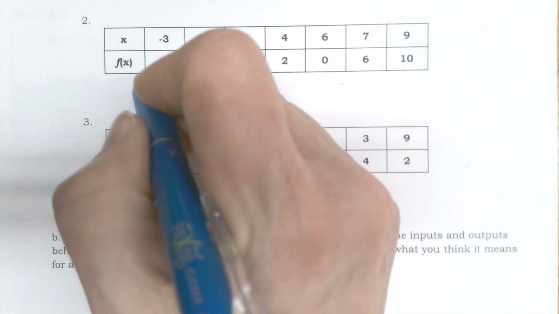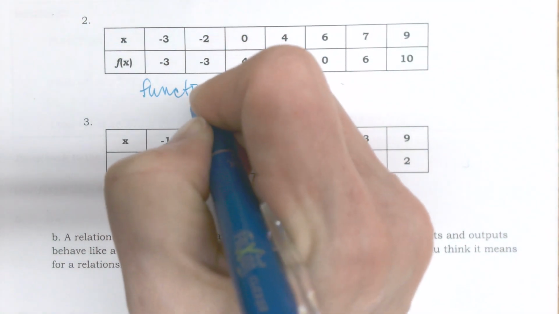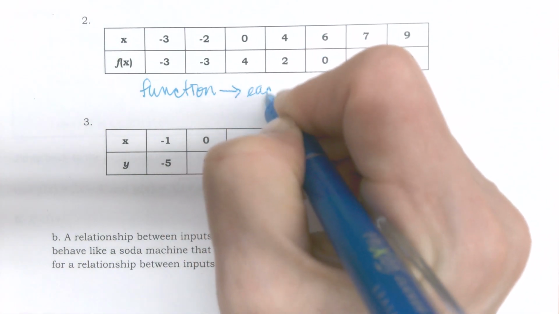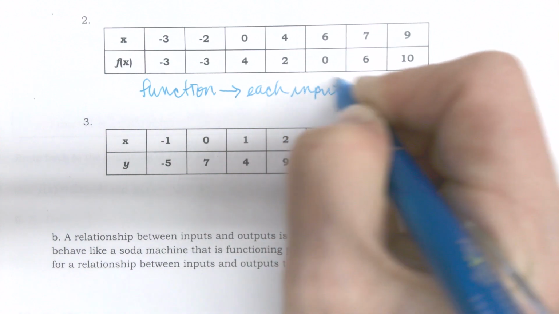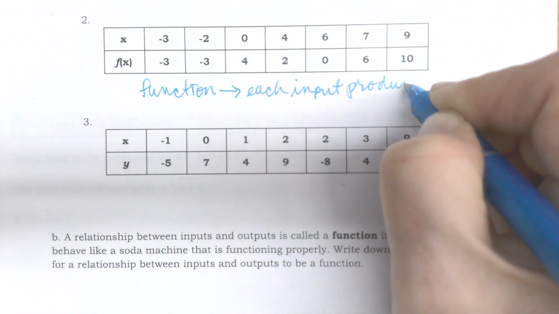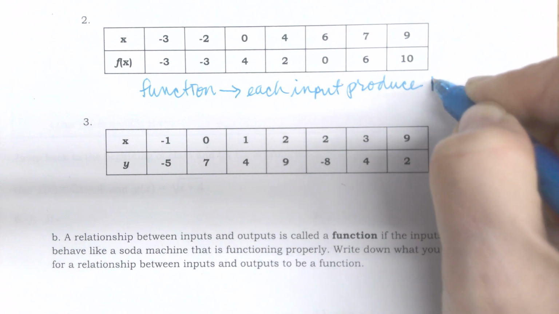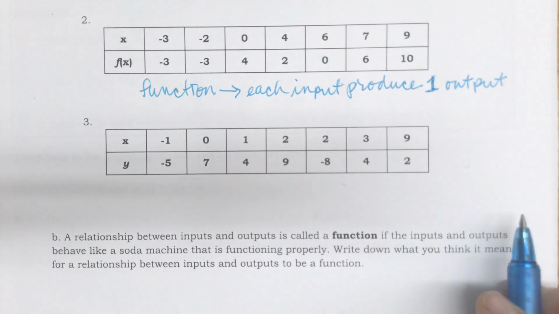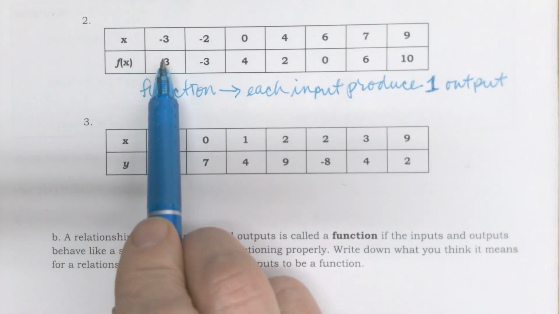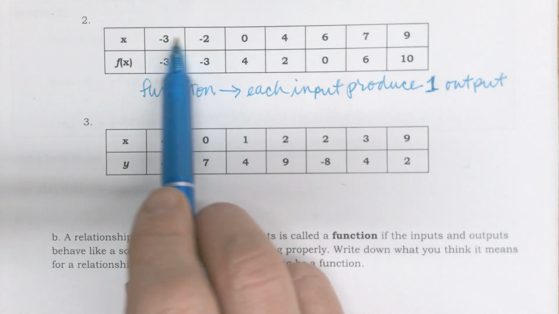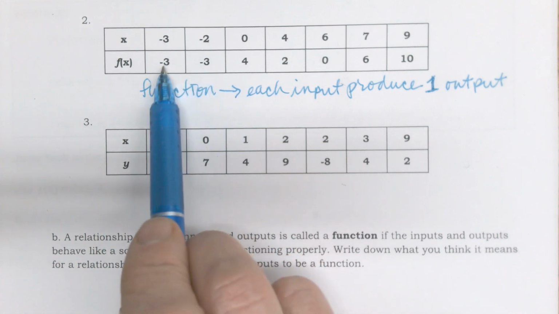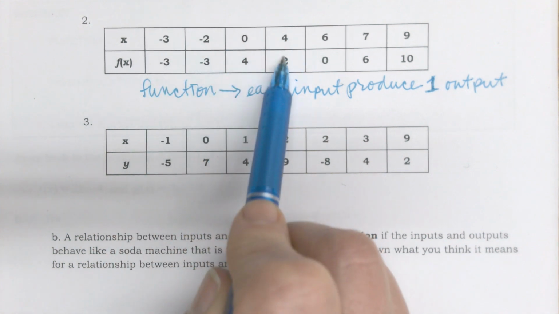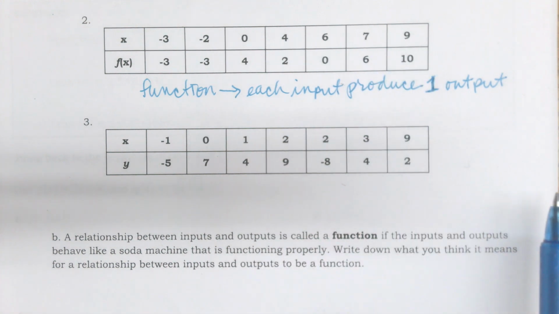We call this a function because each input produced one output. -3 produced -3, -2 produced -3. It's okay to have 2 inputs produce the same outputs. The key is that -3 did not show up here with a different output.